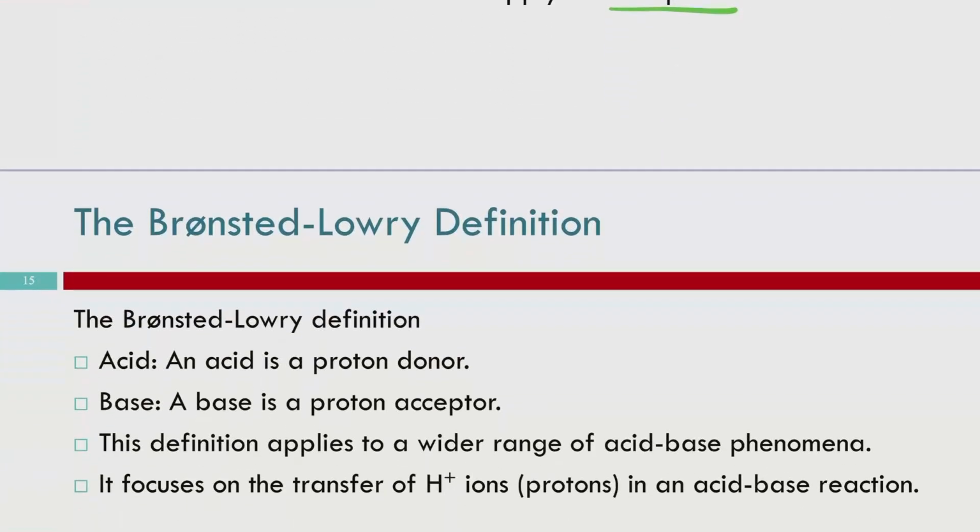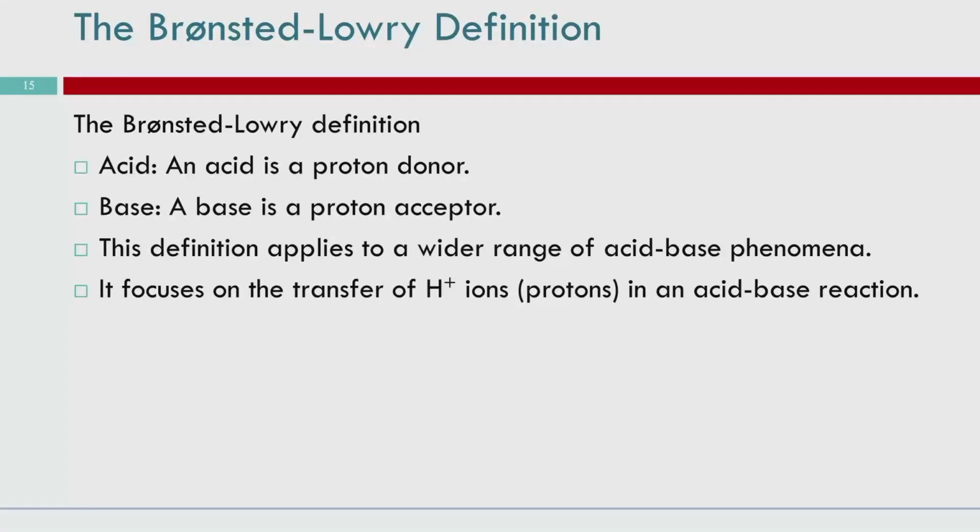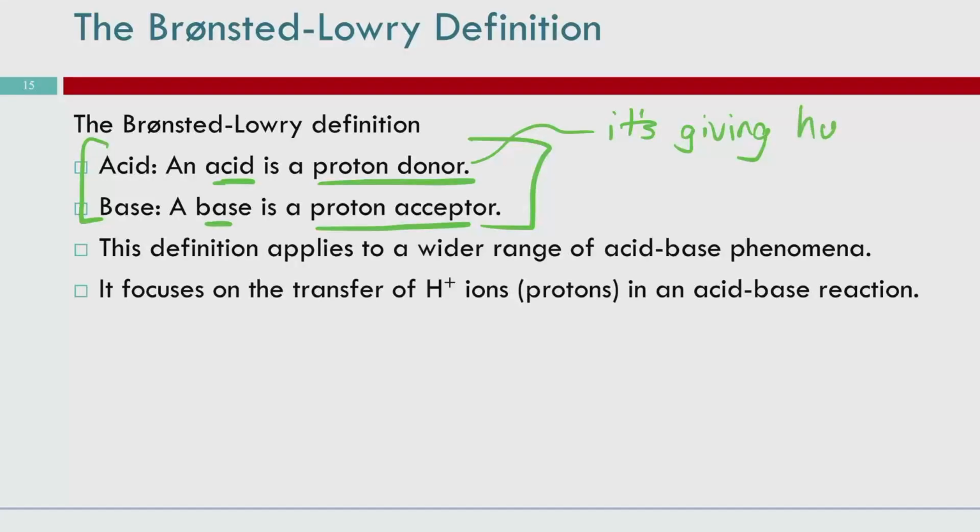And so we have the Bronsted-Lowry definition. The Bronsted-Lowry definition for acids and bases is more general. So an acid is a proton donor, and a base is a proton acceptor. Proton donor means it's giving away H+.